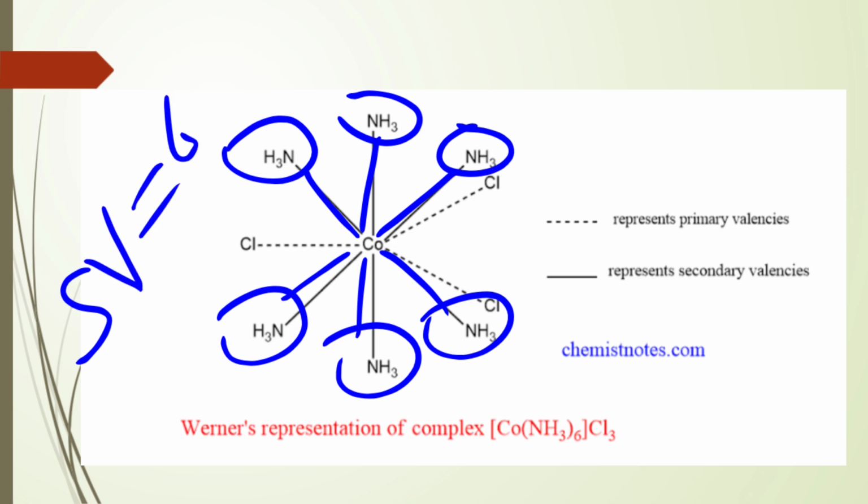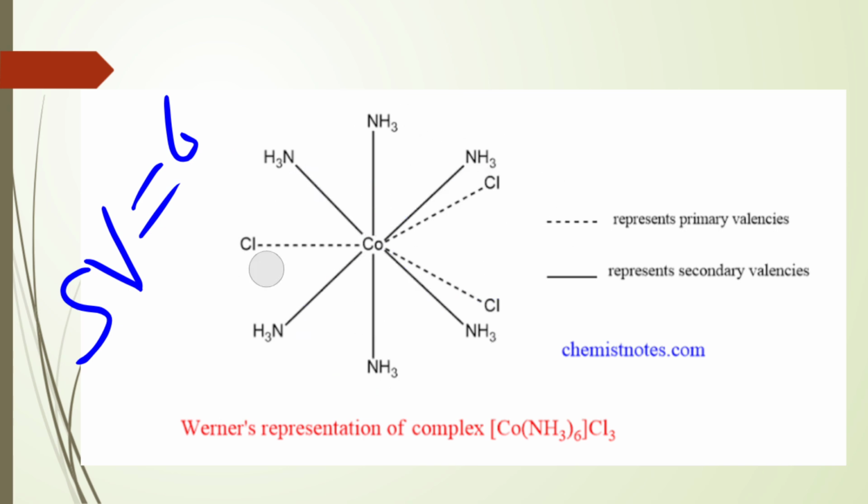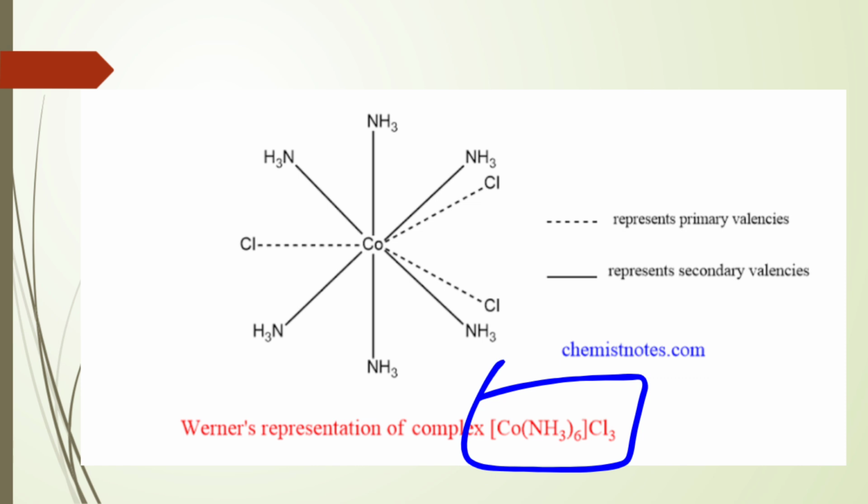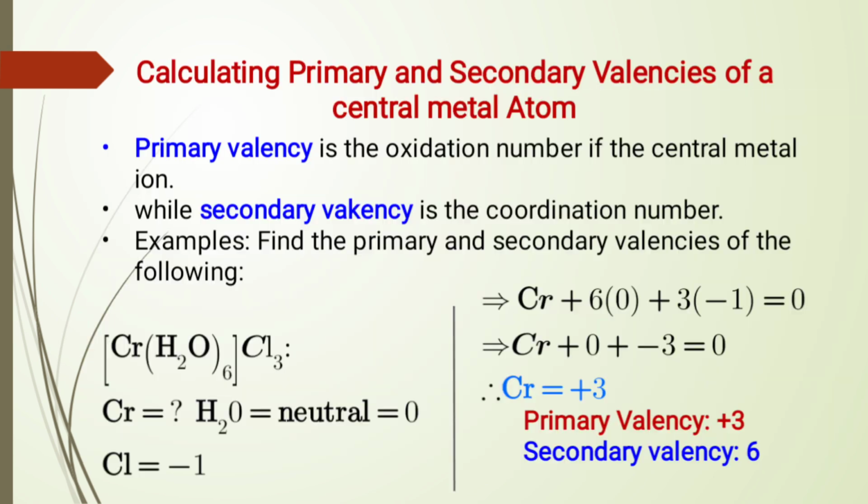Do you understand this? This is based on primary and secondary valencies. We are going to learn how to draw the Werner structure in this form. Alright, let us calculate primary and secondary valencies of a central metal atom.